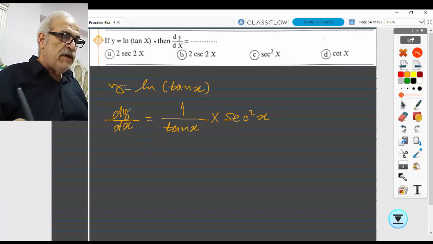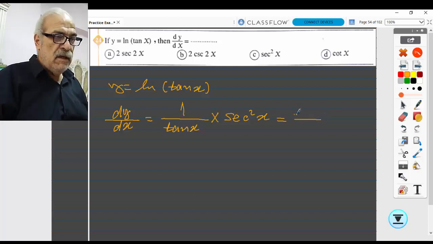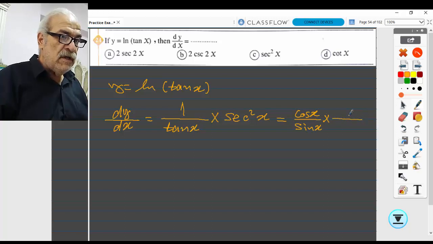So to simplify it, 1 over tan is cotan, and the cotan equals cosine x over sine x. Multiply sec square, it is 1 over cosine square x.